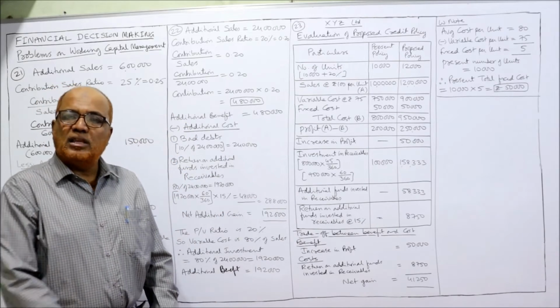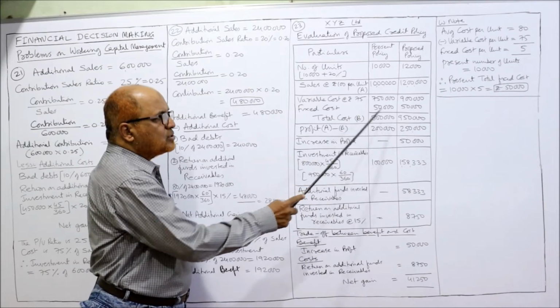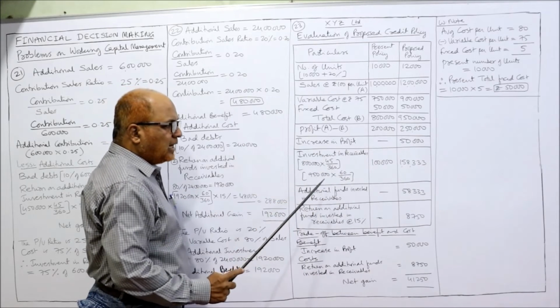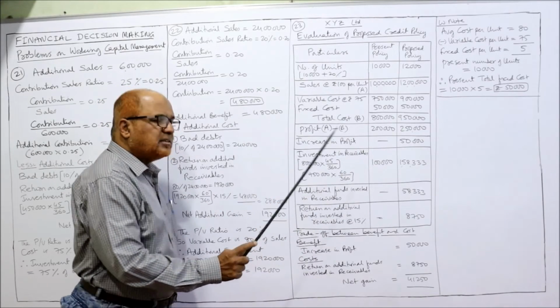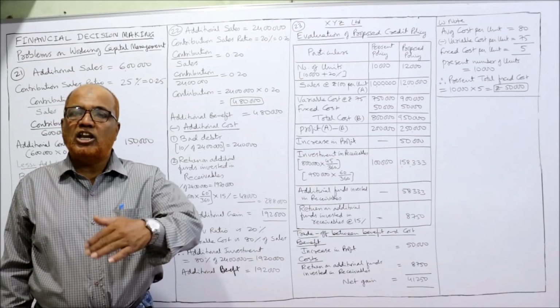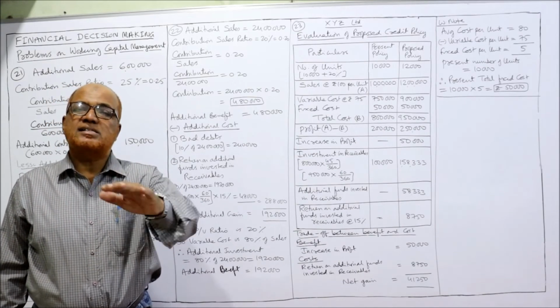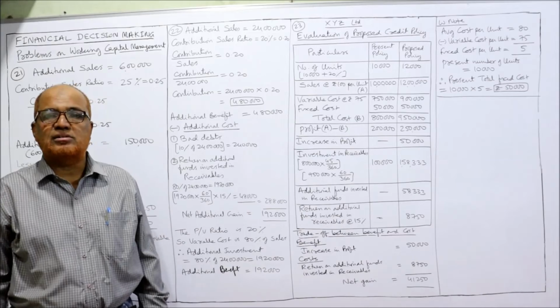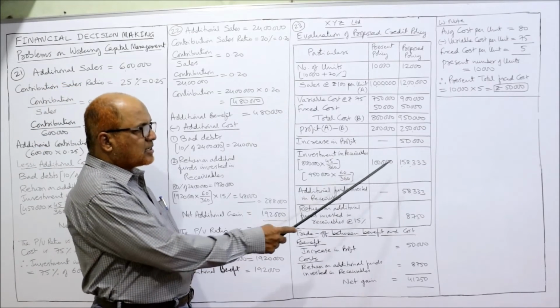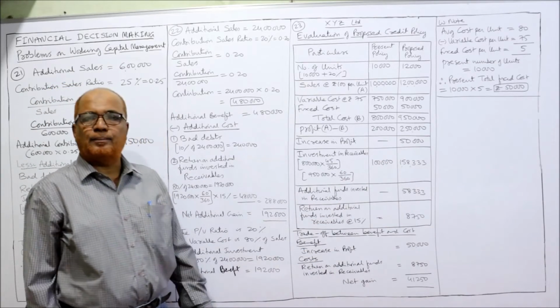In the proposed policy, 9 lakh 50,000 is the total cost. So 9 lakh 50,000 into 60 by 360, because in the new policy the credit period is extended to 60 days. It comes to 1 lakh 58,333.